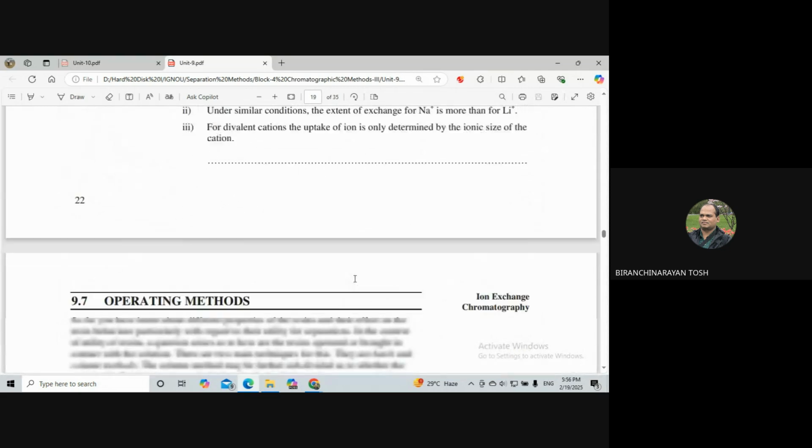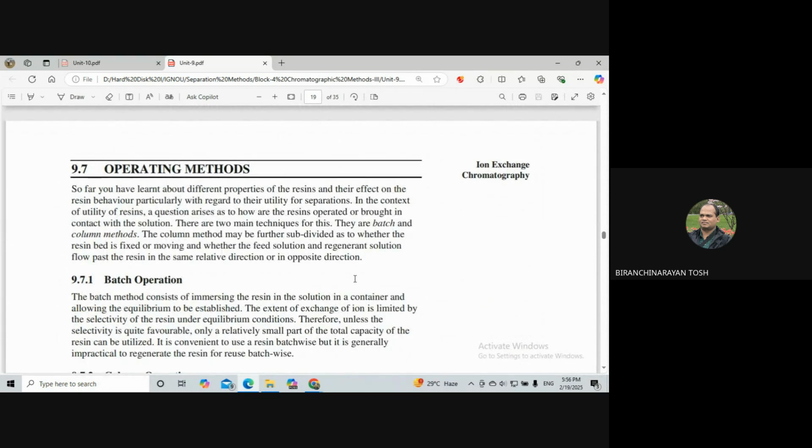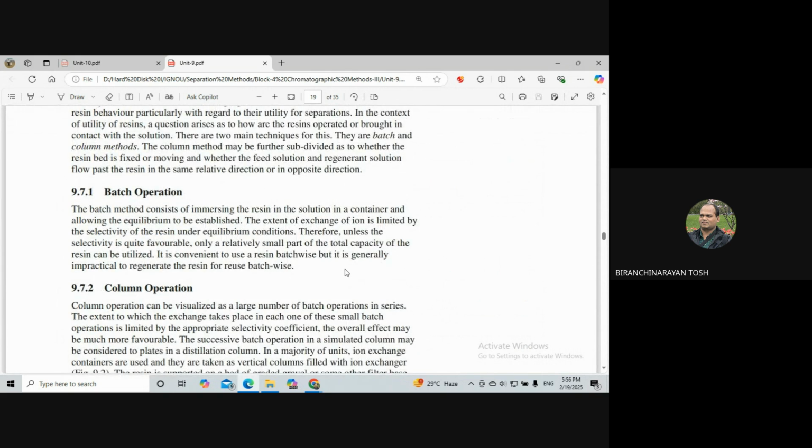Okay. Then we'll move to the operating methods. Two types of operations are there: batch operation and column operation. The batch method consists of immersing the resin in the solution in a container and allowing the equilibrium to be established.